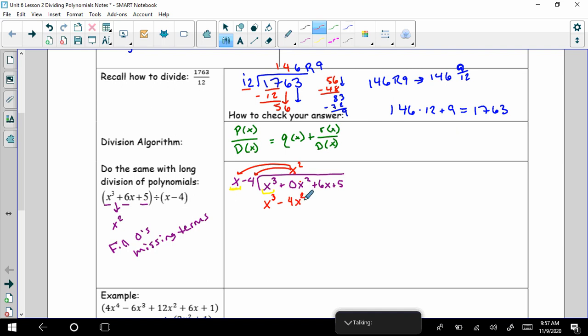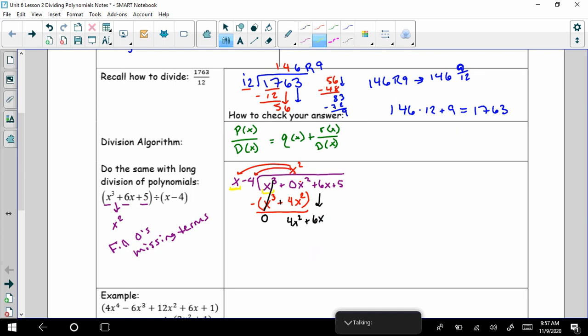And once again, our like terms are all lined up. And then we subtract down. All right, so watch your signs here. This is negative. This negative becomes positive. This should cancel to 0 every single time. All right. 0 plus 4x squared is 4x squared, and then we bring down our next term.